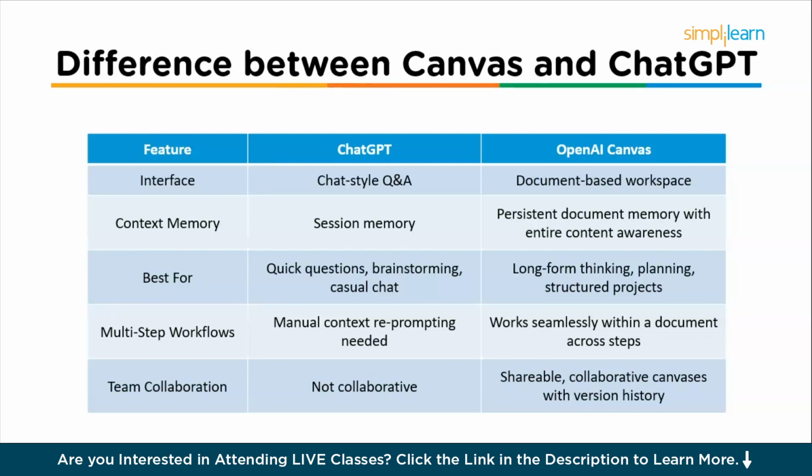ChatGPT is best for quick questions, brainstorming, and casual chat, and OpenAI Canvas is for long-form thinking, planning, and structured projects. For multi-step workflows, ChatGPT needs manual context reprompting, but OpenAI Canvas works seamlessly within a document across steps. Then there is team collaboration. ChatGPT is not collaborative at all, but OpenAI Canvas has shareable, collaborative canvases with version history.